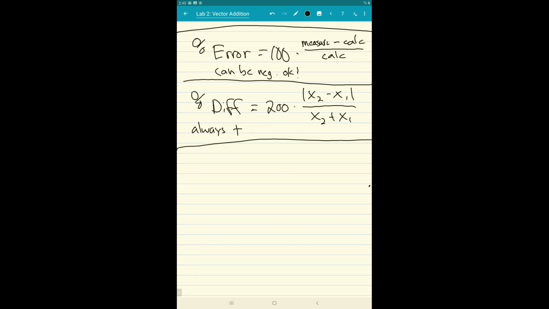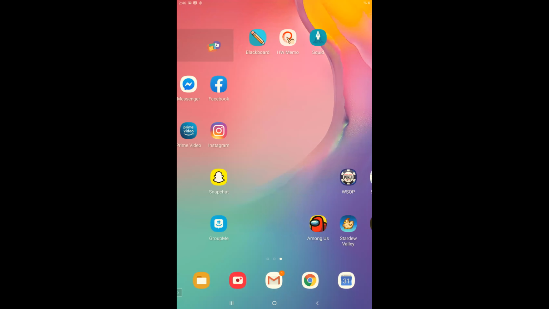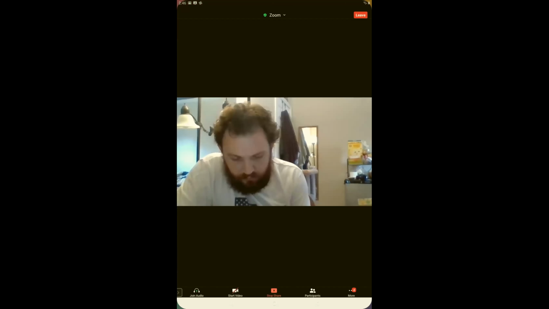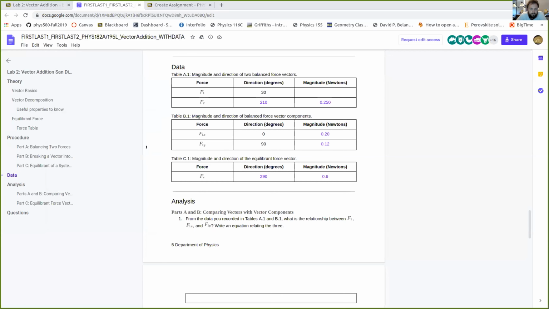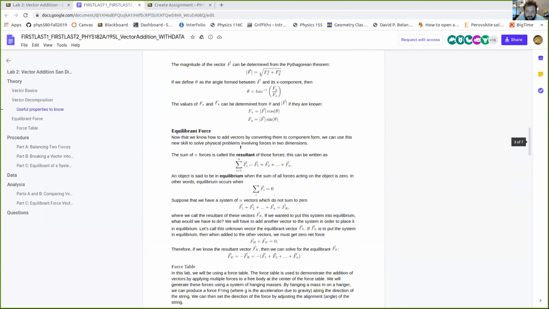The next thing I want to do really quickly is walk through the lab and show you what you're supposed to do. Here's the lab.